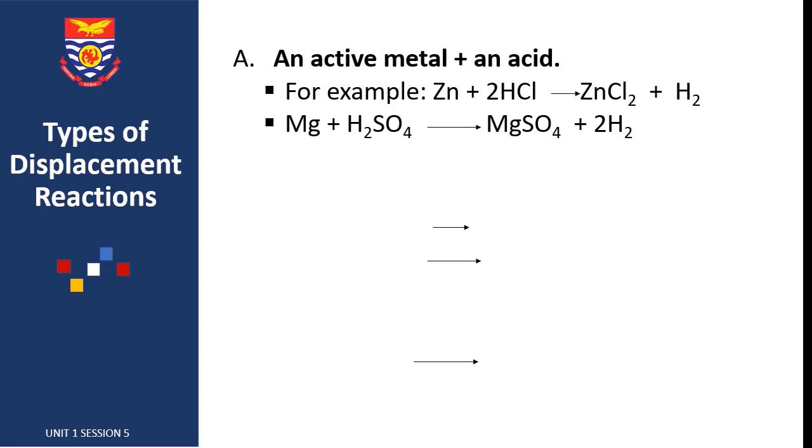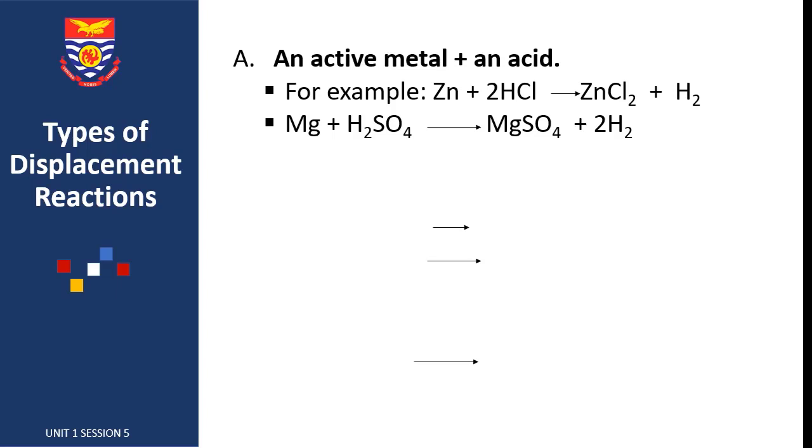For example, if we replace the zinc with gold, then we don't expect a displacement reaction in a case like this to take place. So we don't expect hydrogen gas to be produced. That means that when you pour hydrochloric acid on gold, you don't expect hydrogen gas to be produced.